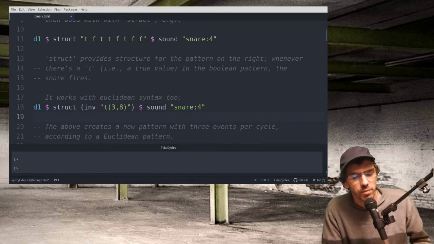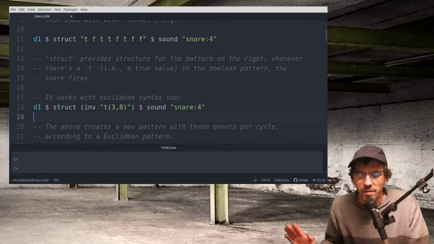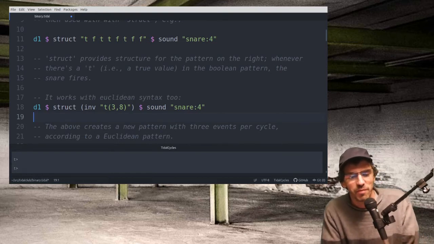So in this case, when I'm inverting it, it's actually creating 5 events per cycle instead of 3, because it's taking all the ones which were empty spaces represented by false values and swapping those to true.